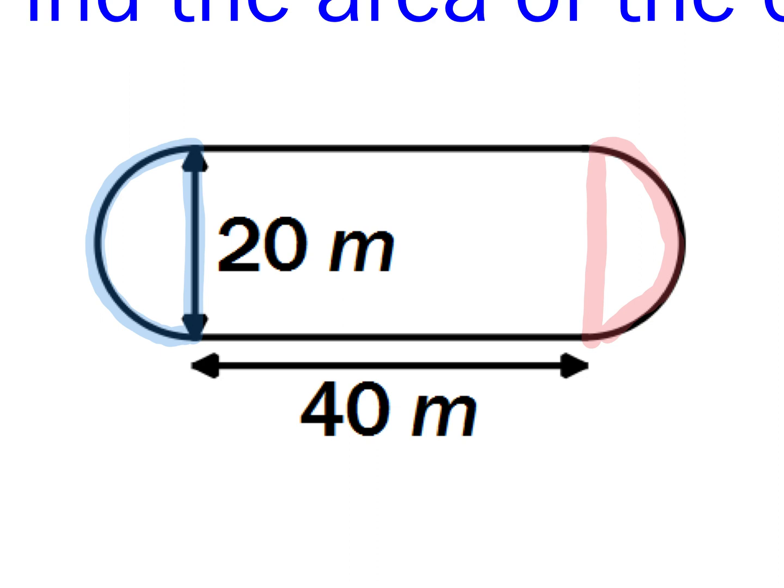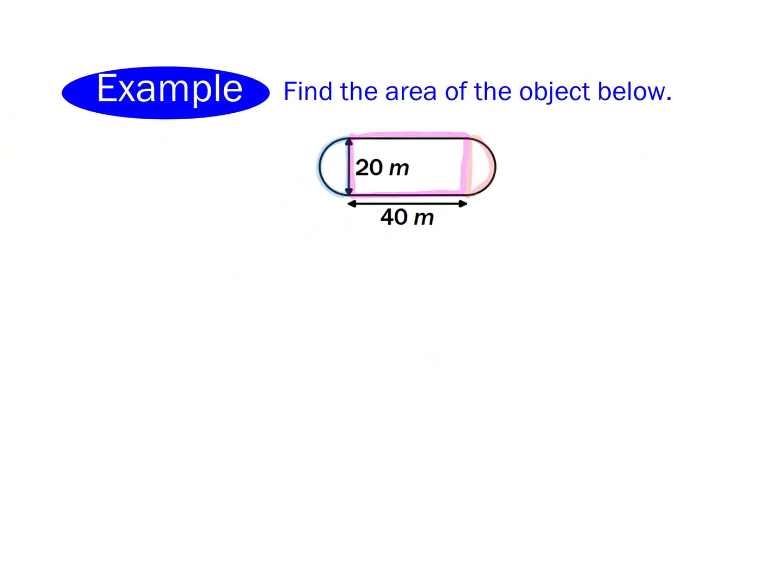So we have a full circle, and we have a rectangle. So what we need to do is find the area of the circle, area of the rectangle, and then combine them together. Area of the rectangle, really straightforward. What's the formula for that?